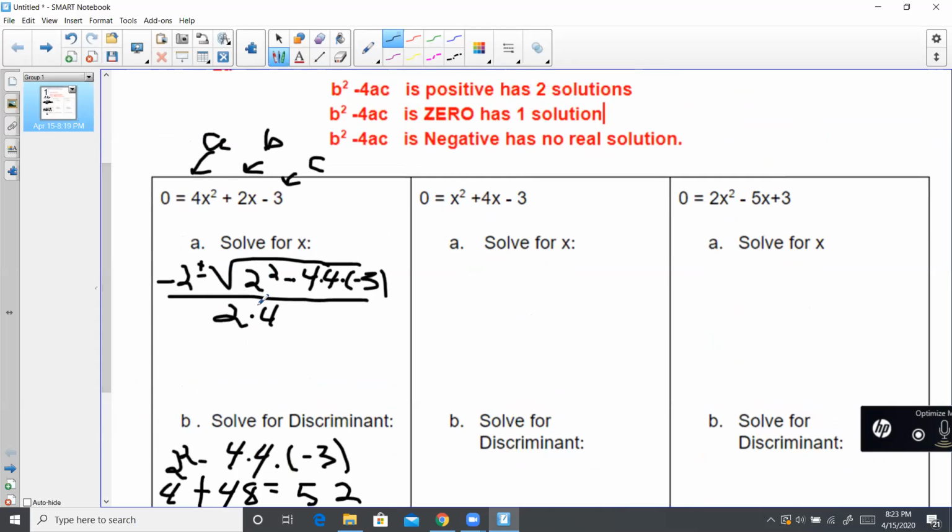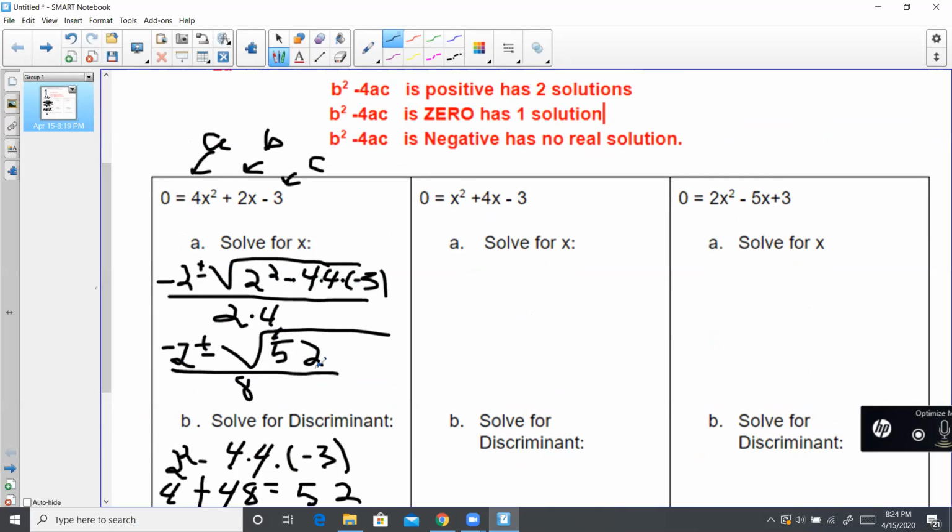Back up here, this is negative 2 plus or minus the square root. We're going to take 2 squared minus 4 times negative 3, which is 52. So this is the square root of 52 all over 8.